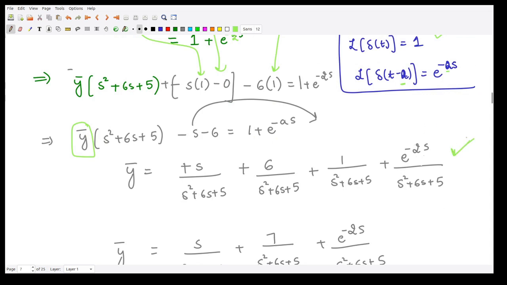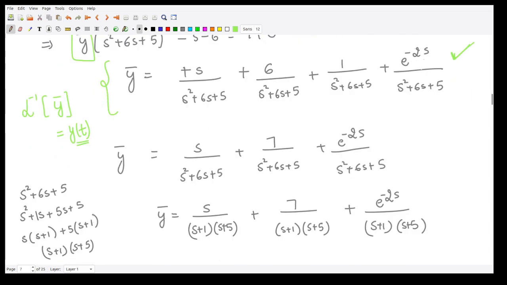So now we are ready to calculate the inverse Laplace transform of this particular expression. The inverse Laplace transform is obtained when you apply the inverse Laplace transform operator on both sides of this equation, and because its inverse is going to be the function y(t), which is the solution of the given differential equation.